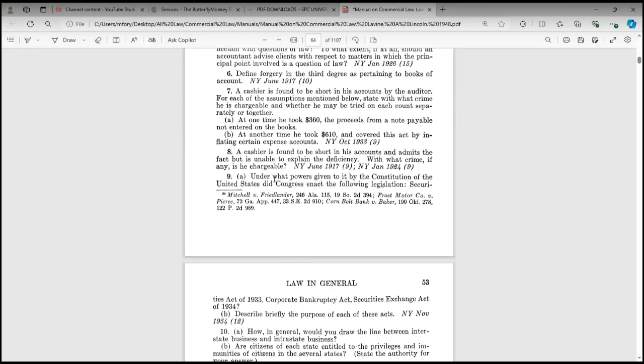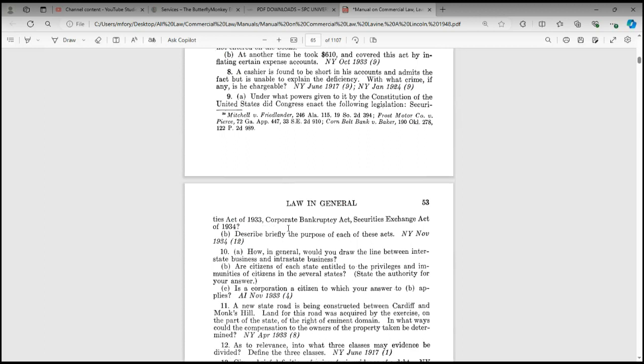Under what power given to it by the Constitution of the United States did Congress enact the following legislation? Securities Act of 1933, Corporate Bankruptcy Act, Securities Exchange Act of 1934. I don't even know. It's executive. No, can't be.